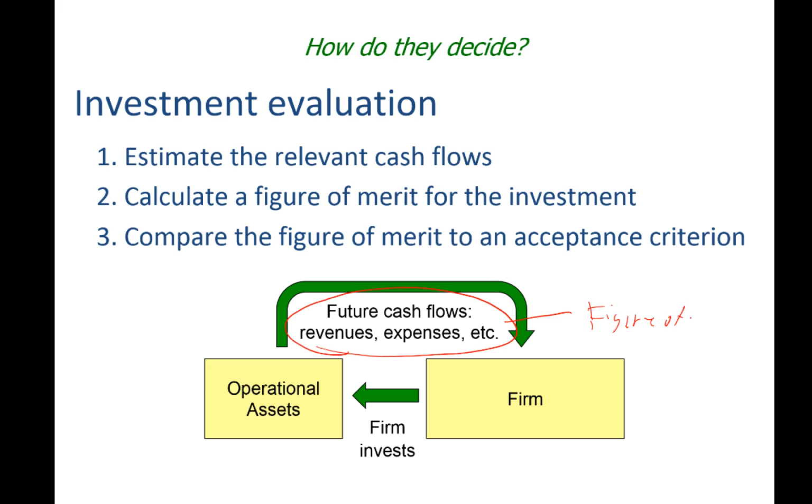And once we've combined them all together, including the initial investment here that happens, we combine all of these cash flows and the initial investment to come up with a figure of merit. And then we compare this with a criterion. And once we've compared it with that criterion, we can make a decision. And that's usually a pretty transparent process inside many firms, and that the corporate finance people will do in a process called capital budgeting.